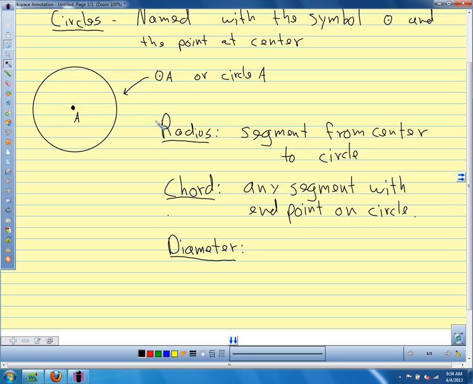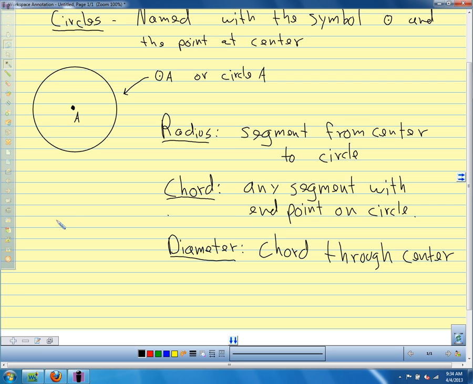So we're going to say a diameter is a chord, because its endpoints are on the circle, through the center. So those are our segments that we're going to talk about. So let's draw a little picture. Anybody have questions about the segments that we're talking about?